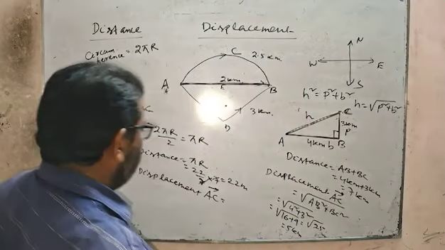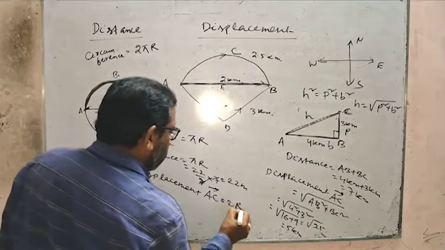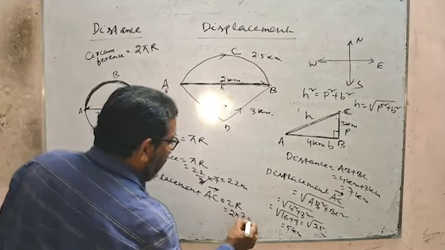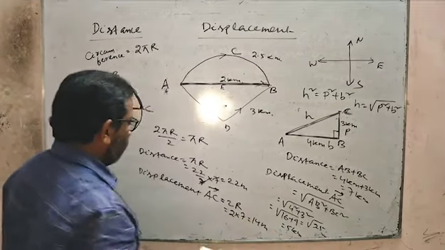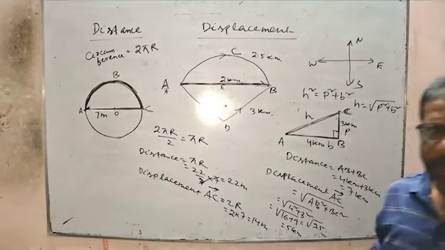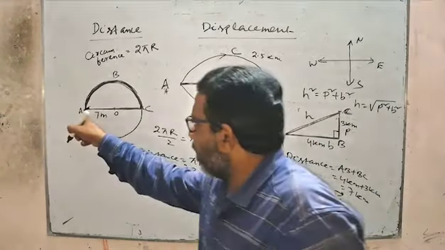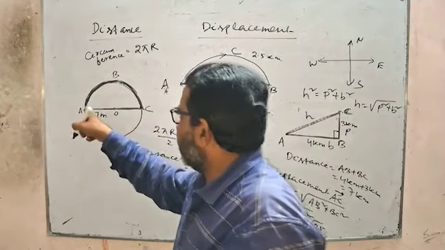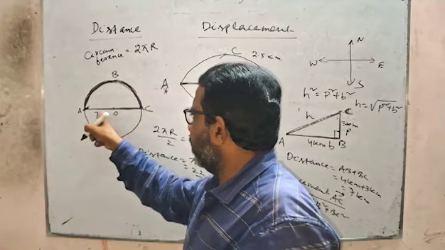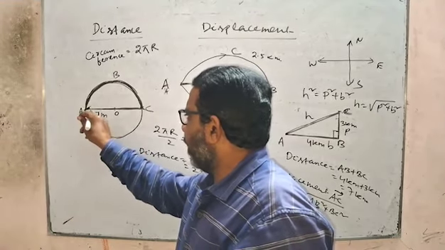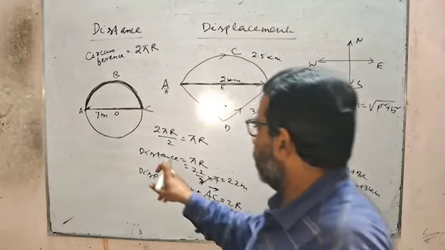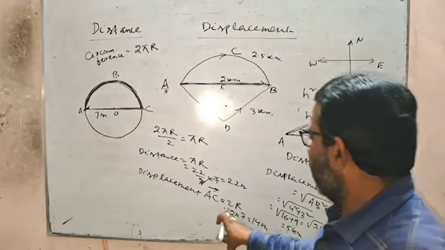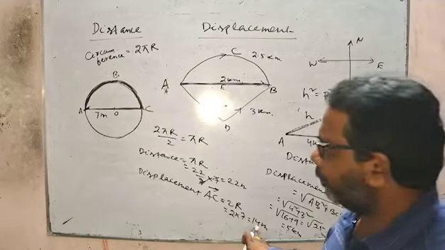Diameter equals 2r. The radius is 7 meters, so 2 into 7 is 14 meters. When the body starts from A, goes through B and reaches C, the distance is 22 meters and the displacement is the diameter, 14 meters.